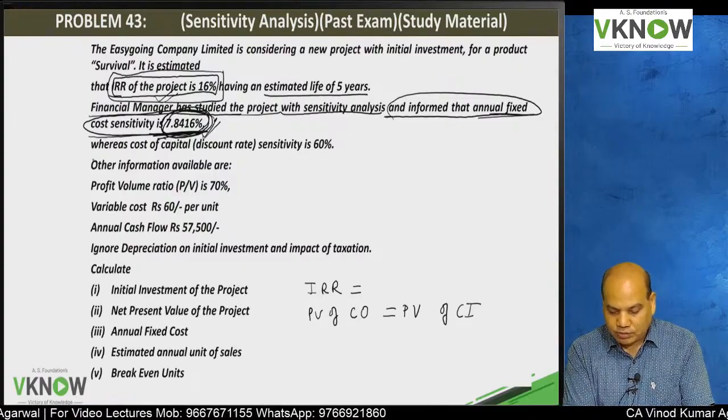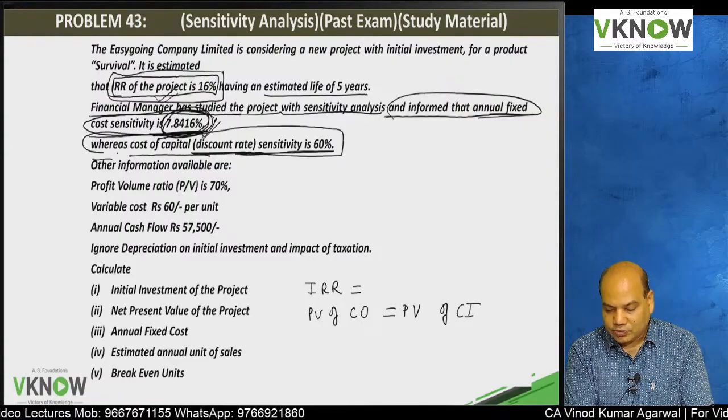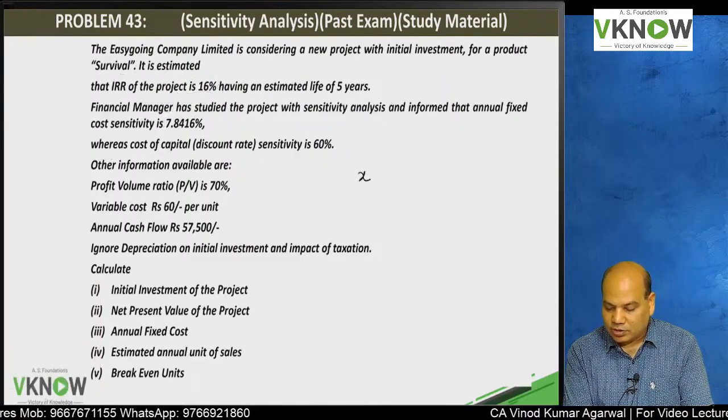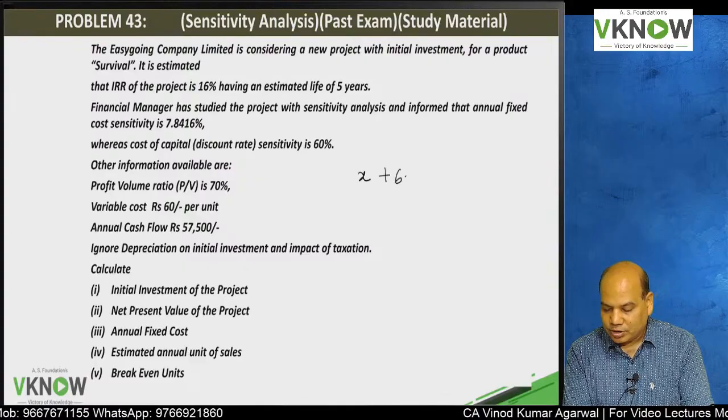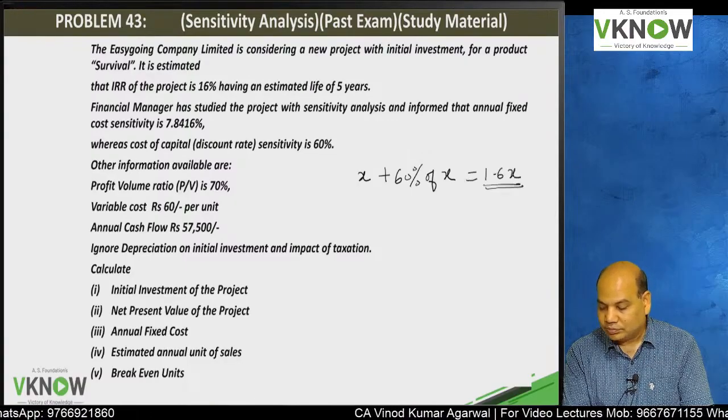Second, the cost of capital, that is discount rate, sensitivity is 60%. It means if the cost of capital, which is x, increases by 60%, your NPV will be 0, that is 1.6x.